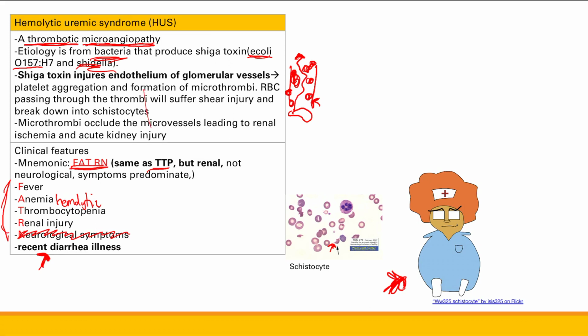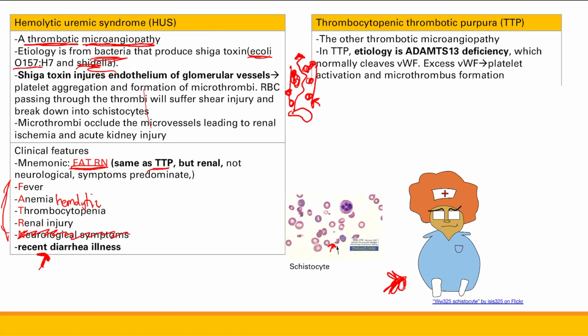That's hemolytic uremic syndrome. So I mentioned that FAT RN is the same presentation as TTP, which is thrombotic thrombocytopenic purpura. But in this case, the renal symptoms predominate and not the neurological symptoms. We'll see in TTP that the neurological symptoms dominate. And the way you can remember this is just remember uremic.